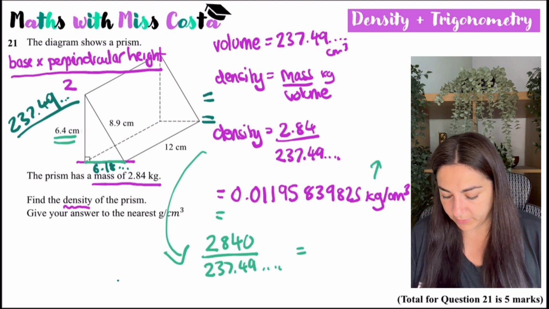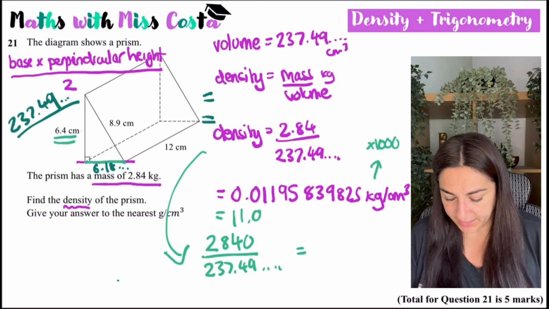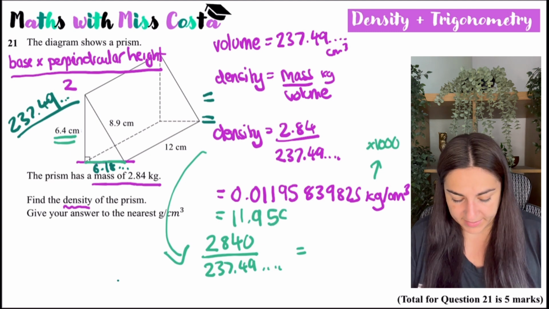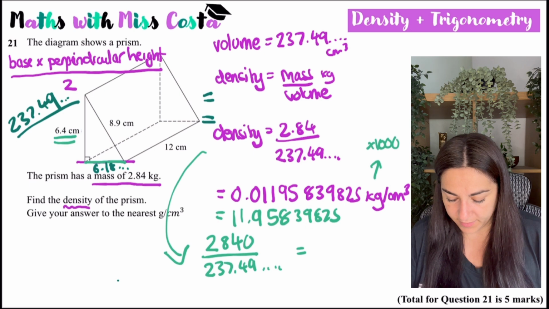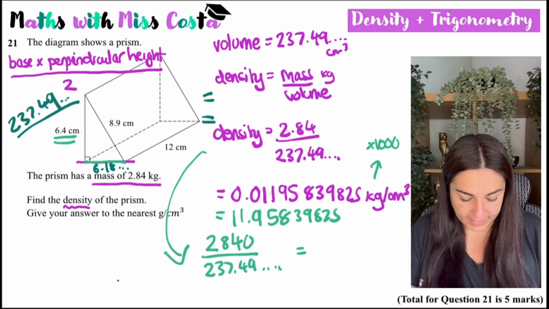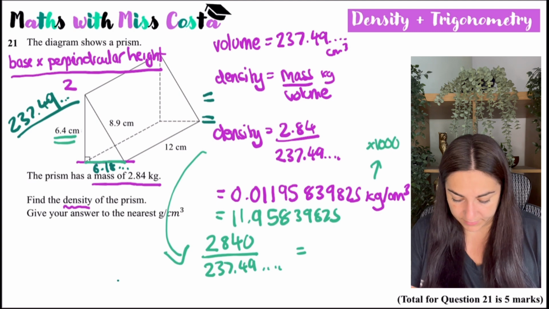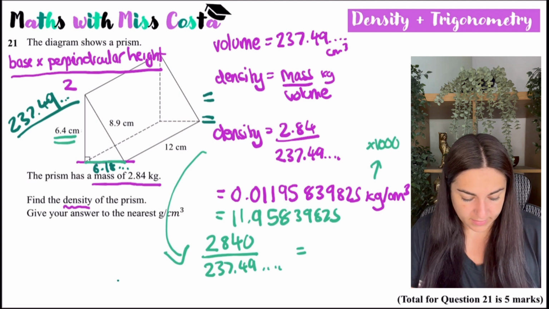Or you've got kilograms now, so what do you do to turn kilograms into grams? You times by 1,000, so you times your answer by 1,000, so that would be 11.95839825, which should be the same as if I did 2,840 divided by 237.49.